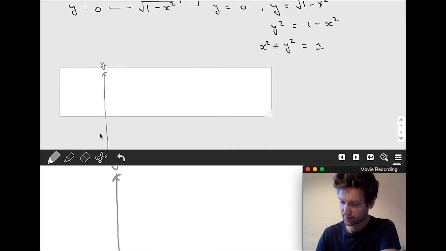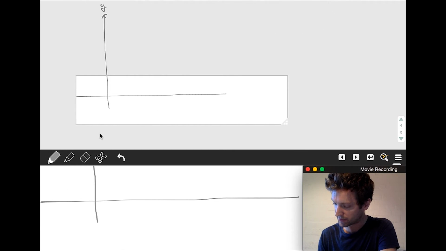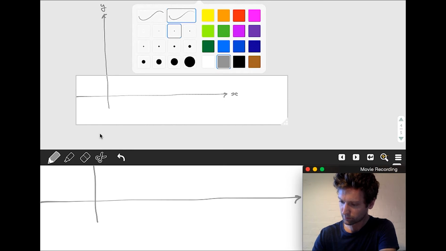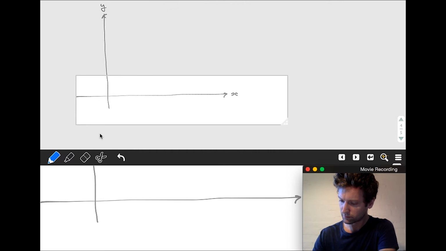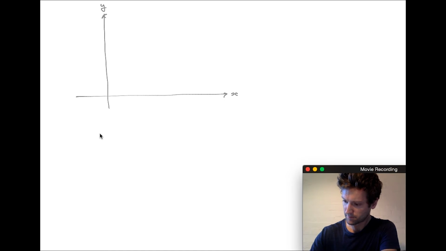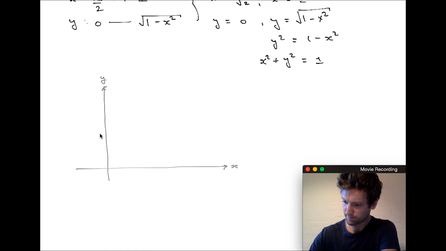Here's my y-axis. Here's my x-axis. We're going to sketch the curves corresponding to x is equal to 1 over root 2, x is equal to 1, so let's sketch those.